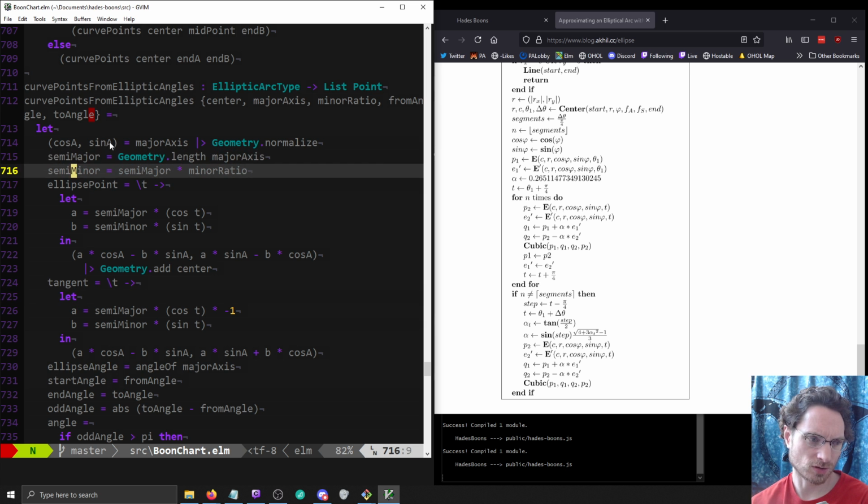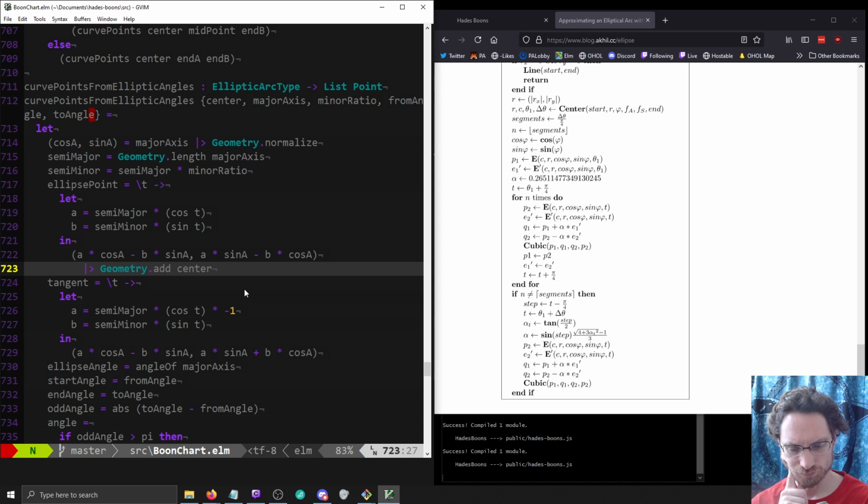Semi-major, semi-minor. Cosine, which is major axis. Oh, and center. Which we skipped passing to that because we were just in this context here.